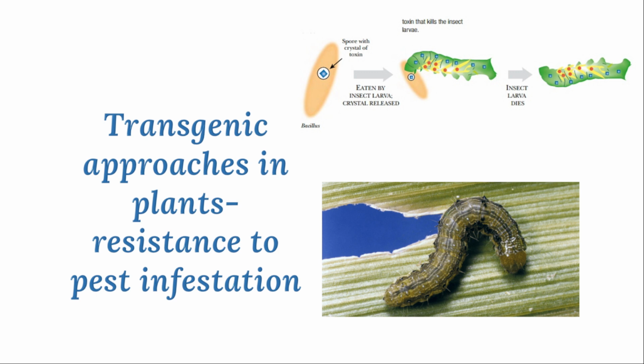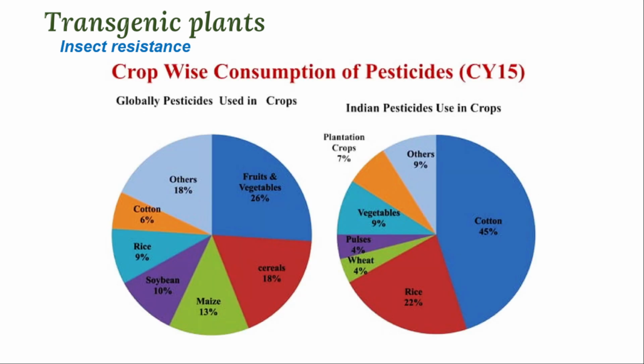So before going to the transgenic approaches, we need to discuss how fatal this insect infestation was or is. To eradicate pests that cause loss in agricultural crops, we currently rely on pesticides.